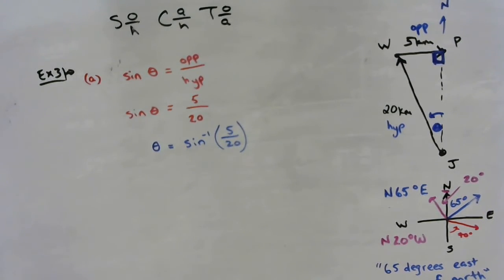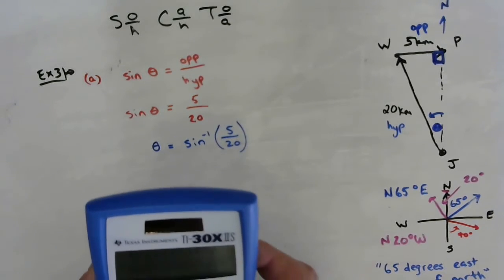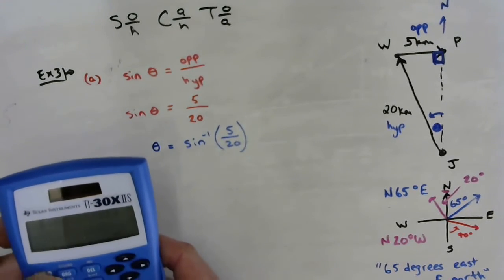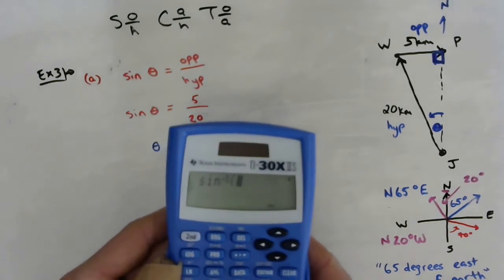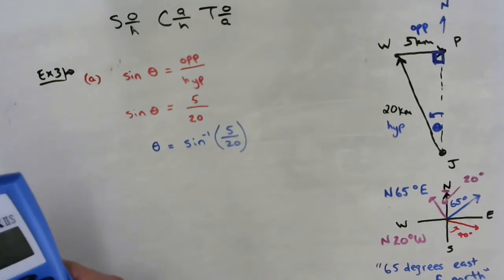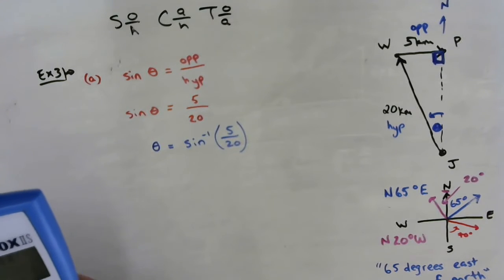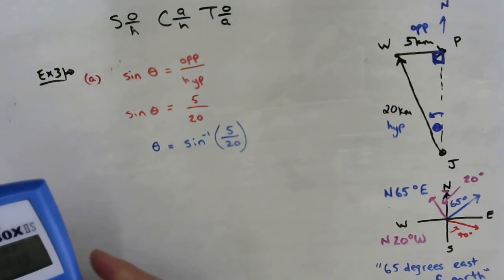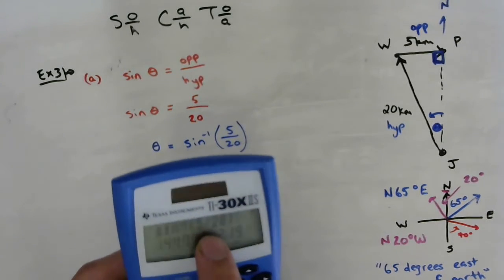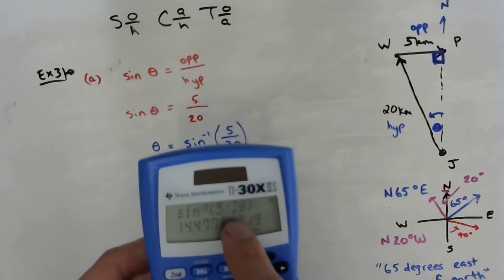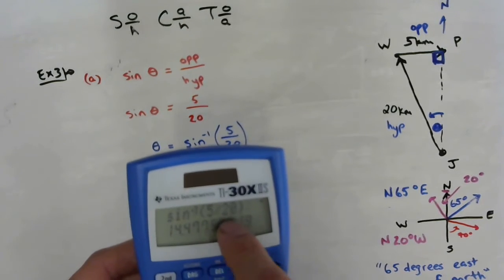And now in my calculator, I very carefully, on clear, second function, sine is going to give me the inverse sine command. 5 divided by 20. Enter. Make sure you close that bracket if you're doing an operation inside the ratio and you haven't reduced it to decimals.